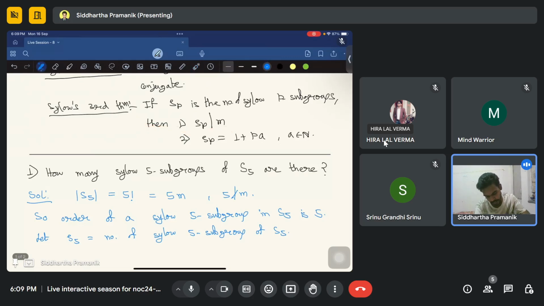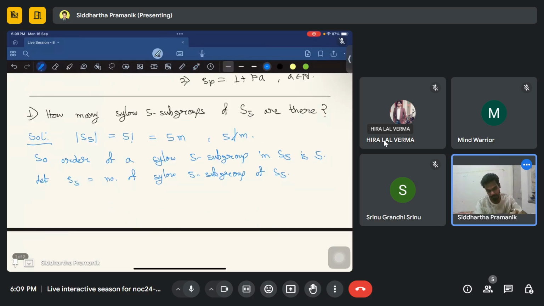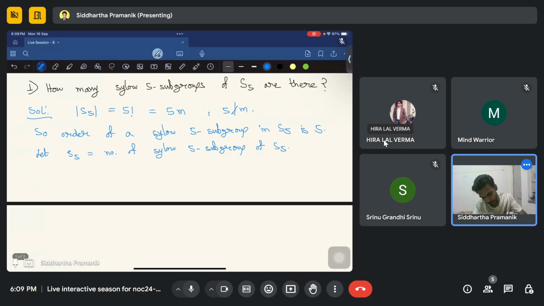We may not get the exact number, but here we have another tool. A group of order 5, let's say H, is always isomorphic to Z mod 5Z, because a group of order 5 is always cyclic, since it is a group of prime order.